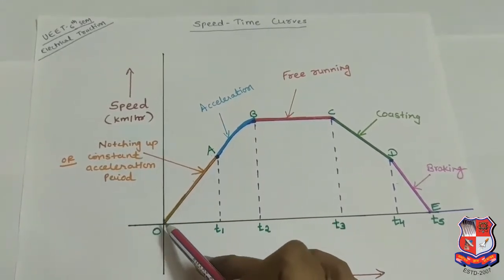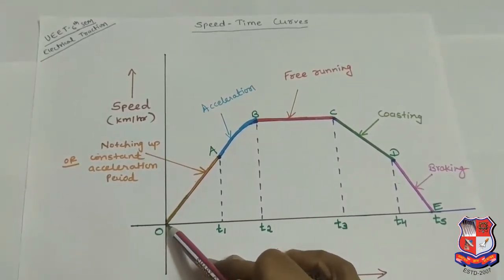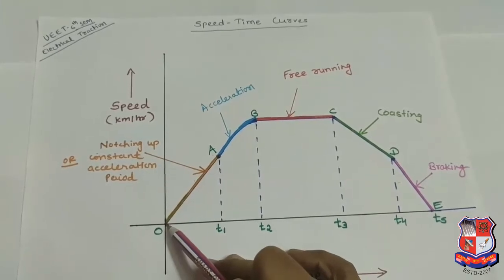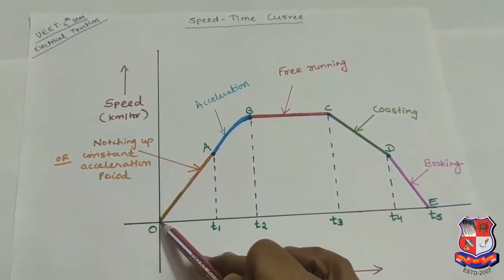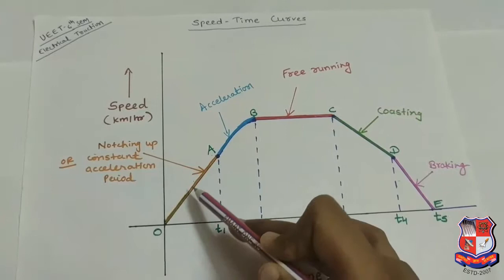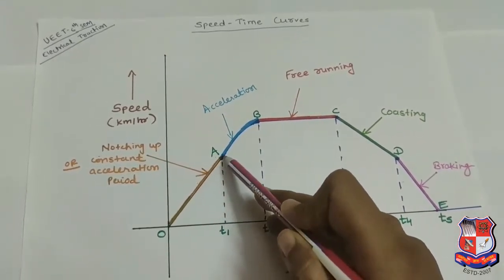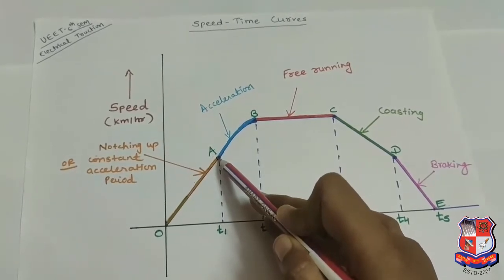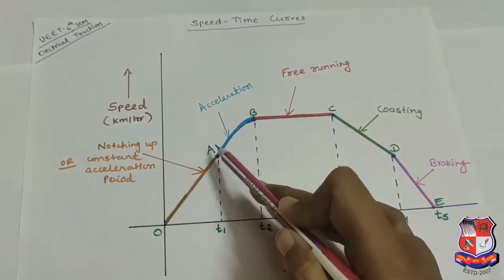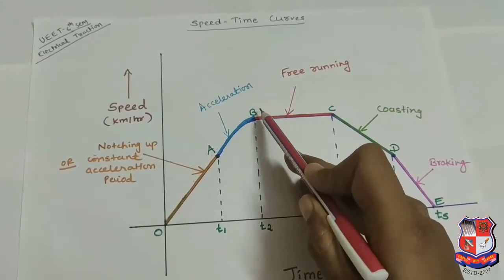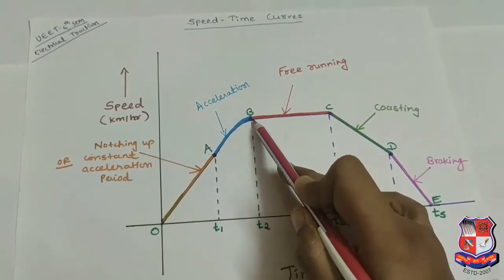It starts from one station, that is O. Here we consider Valsad. Then it starts from Valsad, then the constant acceleration period arises. Suppose A is the Bilimora station. Then it continues to accelerate. Suppose B is Amalsar station.